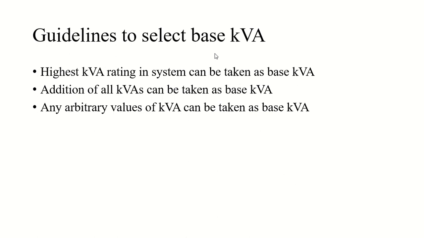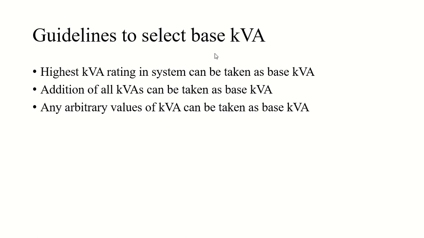So I will take 1150 kVA as the base kVA, because the sum of all these kVA ratings is 1150. That will be my base kVA. Or for the record, you can also take any arbitrary value you want as the base kVA.